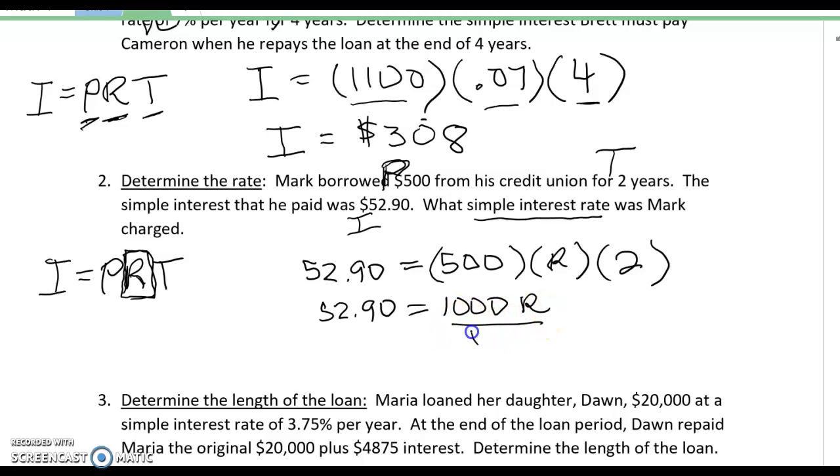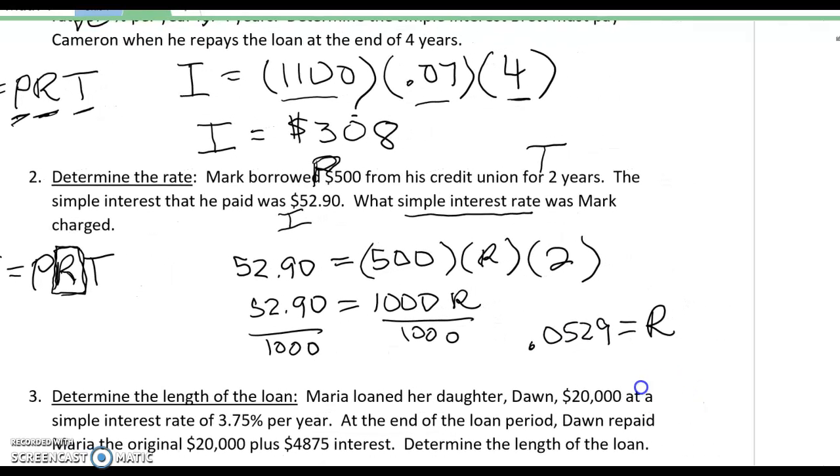So I need to divide by 1,000. Solving for R, we get R, according to the calculator, is 0.0529.